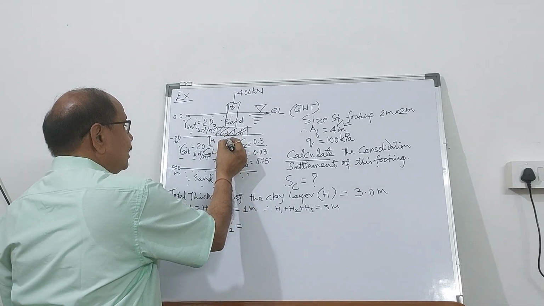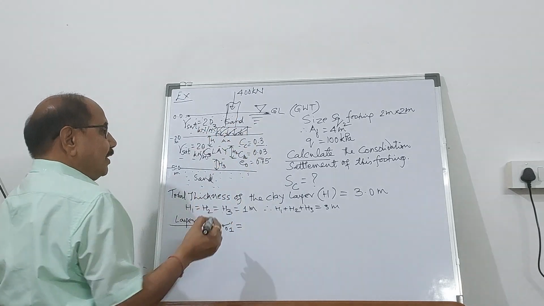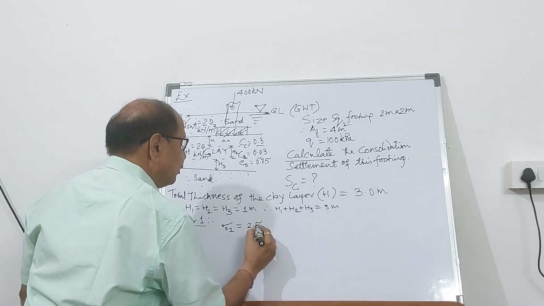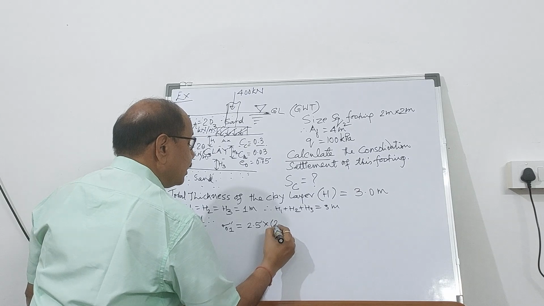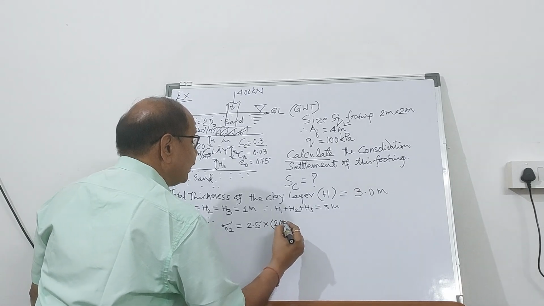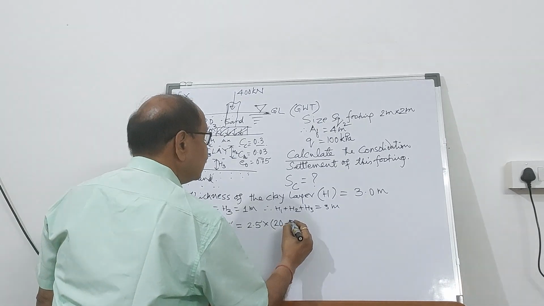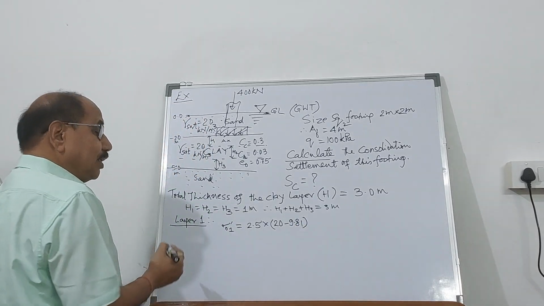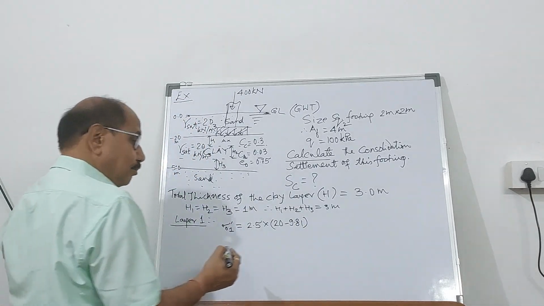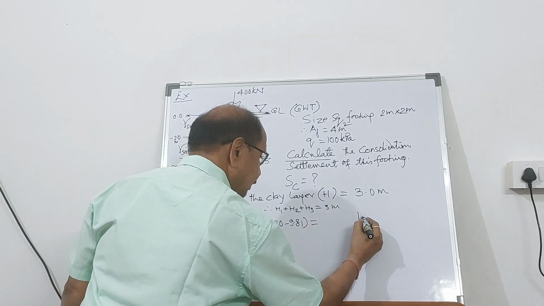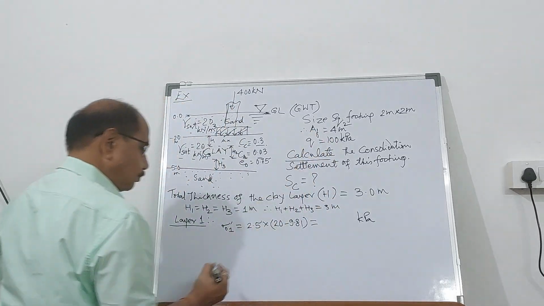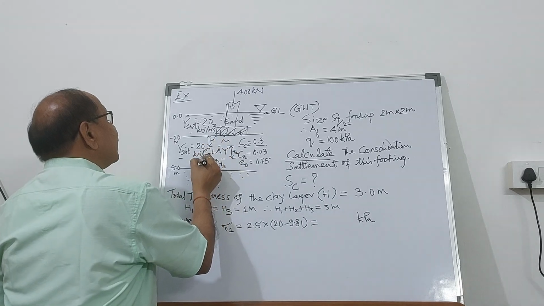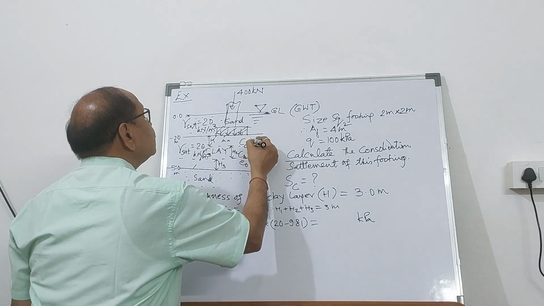So, total depth from ground level up to point A, which is the midpoint of layer 1, is 2.5 meter. So, 2.5 meter multiplied by the saturated unit weight 20 minus 9.81 will give you the effective overburden pressure. So this you can calculate in kilopascal. Now at the midpoint, because you know that the load is going to spread like this.